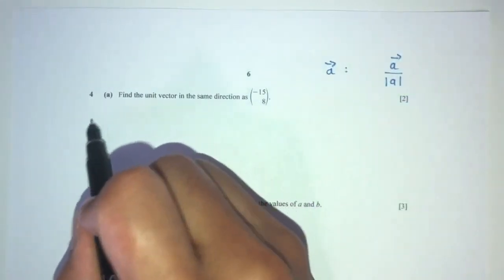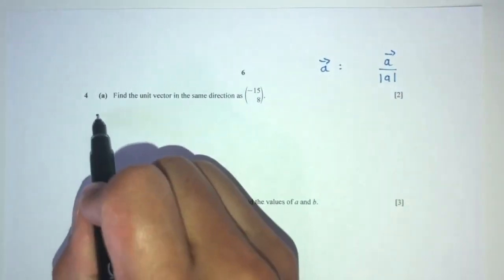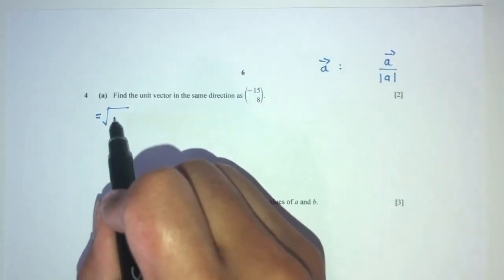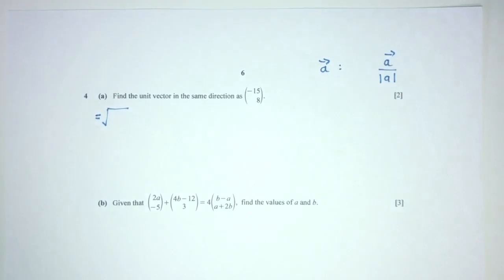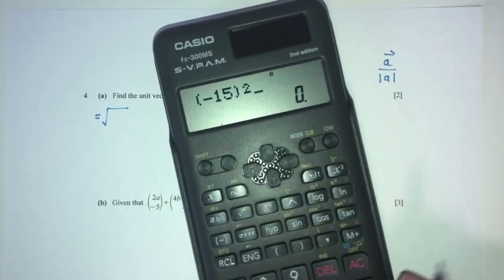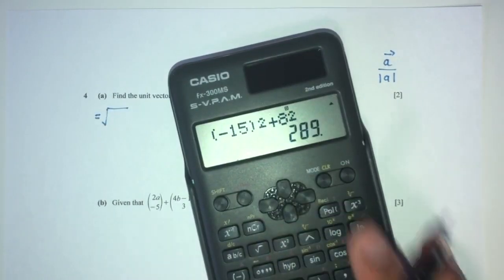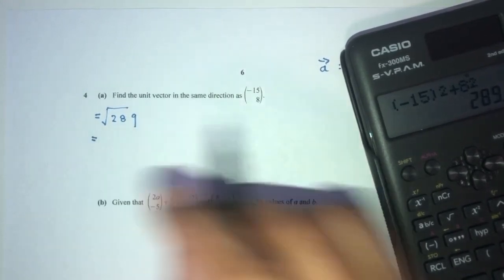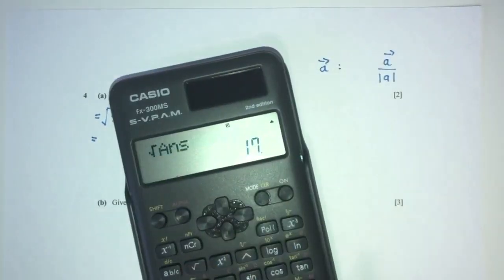Pretty easy. The amplitude is simply the square root, square the first value, so minus 15 squared. Let's try this. Minus 15 squared, plus the other one, 8 squared. That should be 289. Now if you square root this value, that will give you 17.